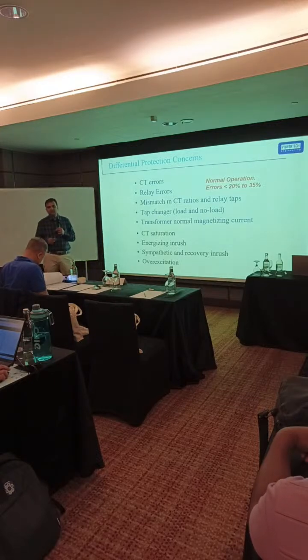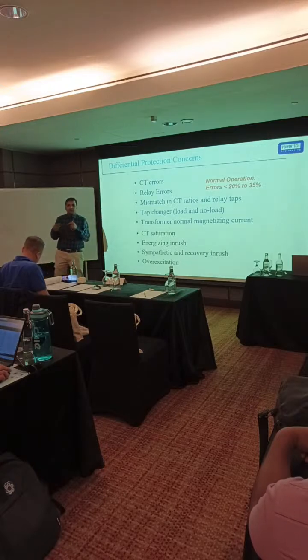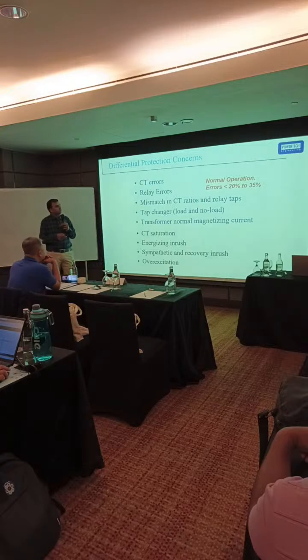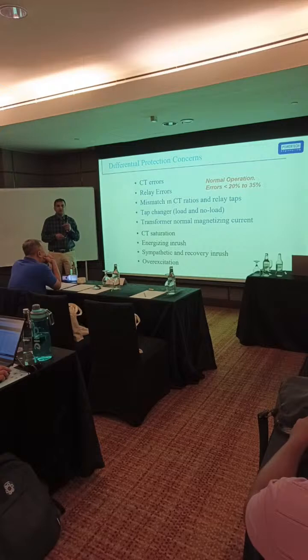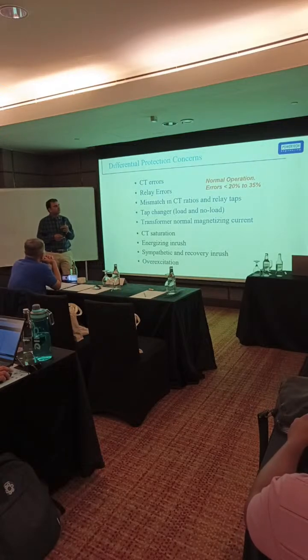Based on different transformers, sometimes you will see the setting might be 0.4 as well. So the general setting we do is 0.2 to 0.3. But generally these are field experience, and based on that we do this setting.